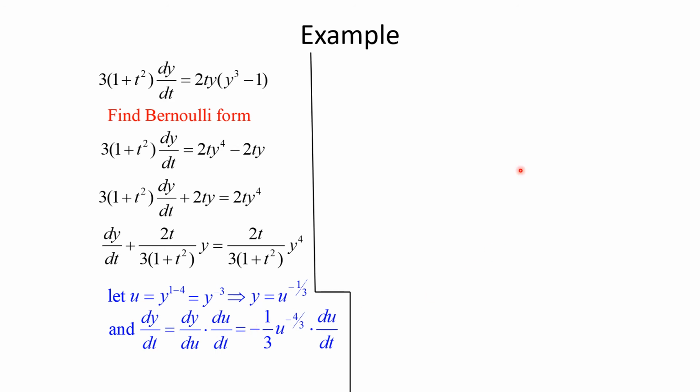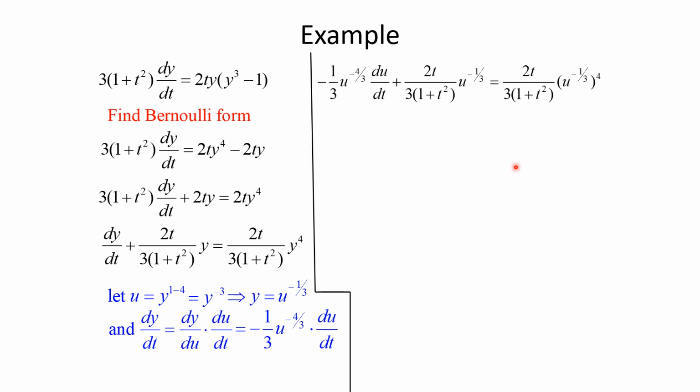We'll apply those two substitutions, and now our problem becomes negative 1/3 u to the negative 4/3 times du/dt plus 2t over 3(1 plus t squared) times u to the negative 1/3 equals 2t over 3(1 plus t squared) times (u to the negative 1/3) to the 4th power.